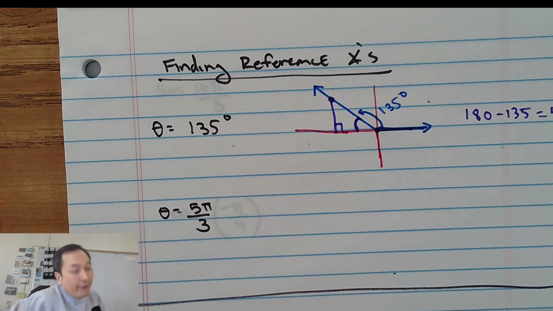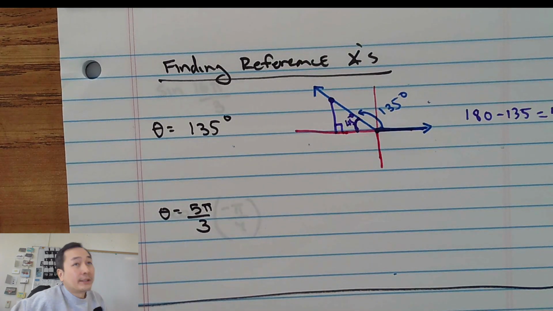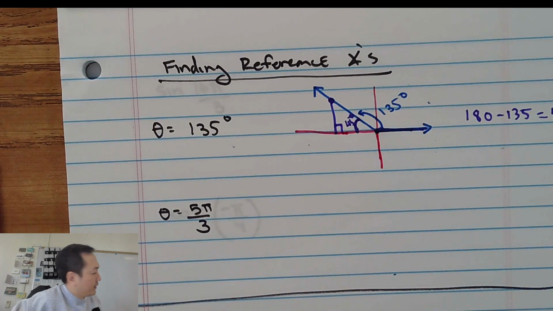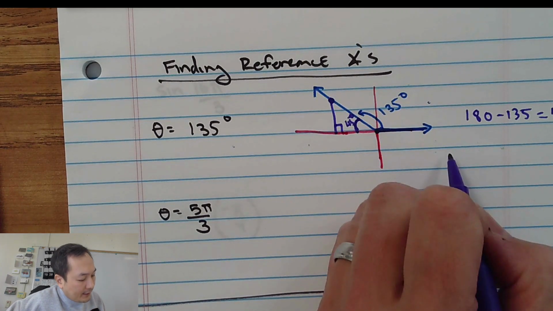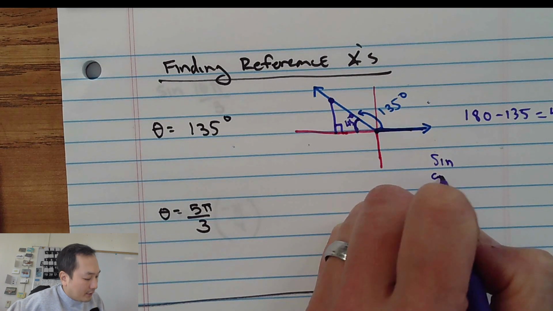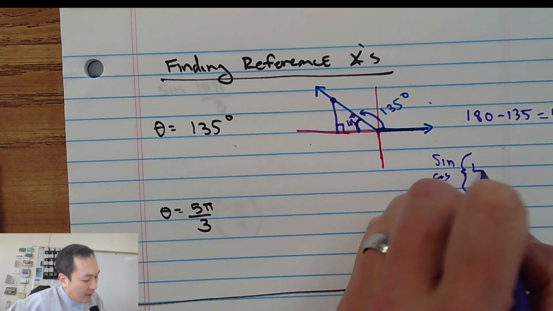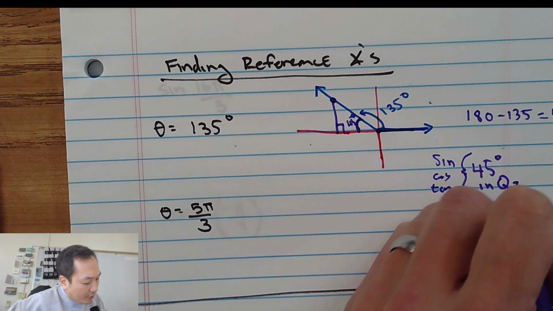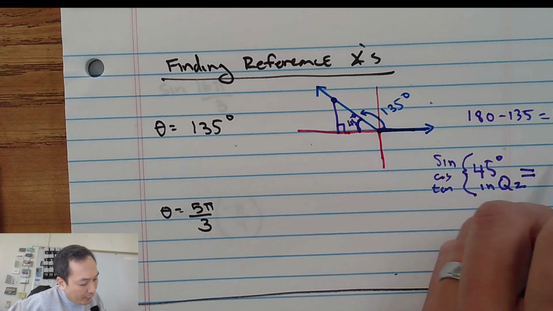45 degrees. So that reference angle is 45 degrees. And the cool thing about this class and how we're going to be evaluating it on the bottom here, is that the trig functions, sine, cosine, and tangent, all 6 of them, of a 45 degree angle in quadrant 2 are the same thing as the 6 trig functions of 135 degrees.